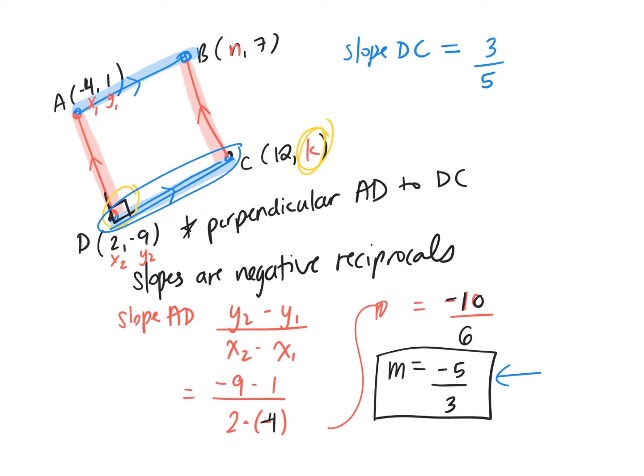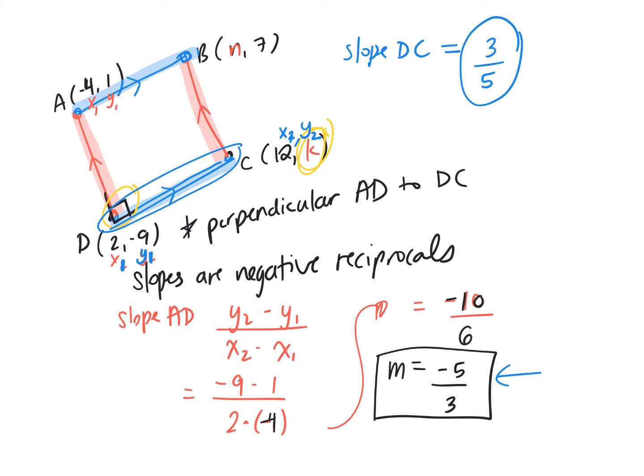Does everyone understand why we know that? Now, to calculate what the slope is equal to, how do you find slope? Slope formula, right? We know that y2 minus y1 over x2 minus x1 will be equal to that. So write the equation, plug in the numbers, and set it equal to 3 over 5.